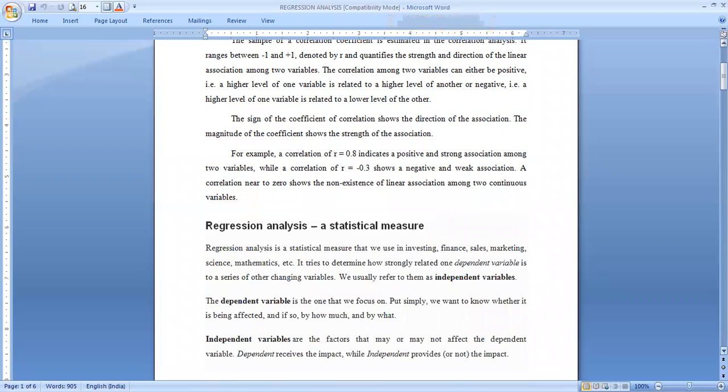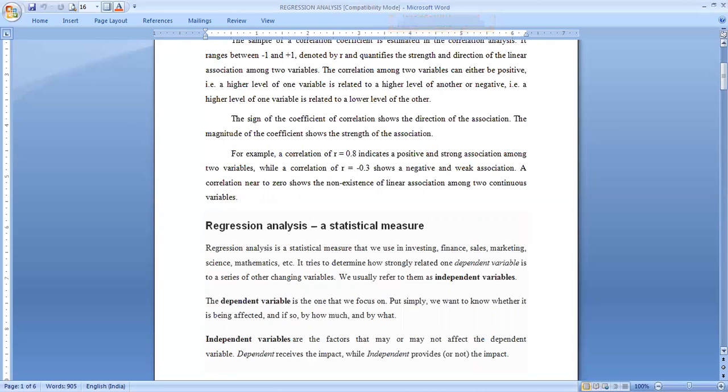Now next we discuss regression analysis, a statistical measure. Regression analysis is a statistical measure that we use in investing, finance, sales, marketing, science, mathematics, etc. It tries to determine how strongly related one dependent variable is to a series of other changing variables.